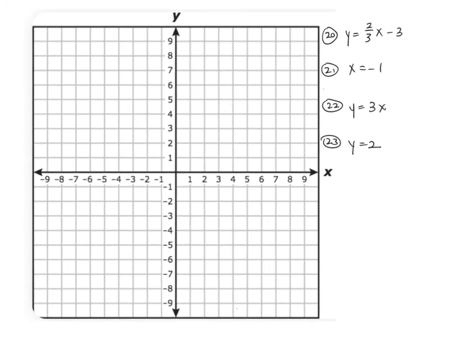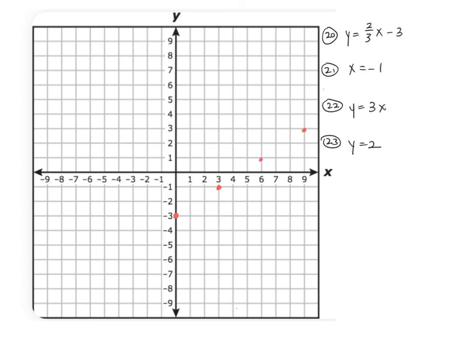So let's work on number 20. I have the -3 as my y-intercept, and then I'm going to use the geometric interpretation of the slope, so they're positive, so it's up 2, right 3, up 2, right 3, and I can keep going.